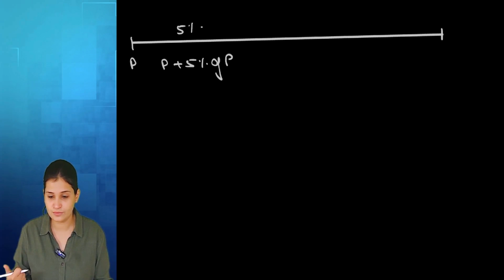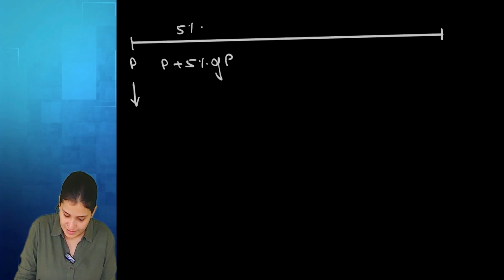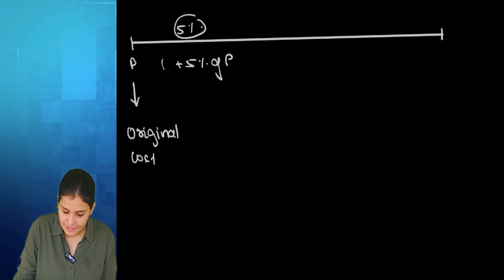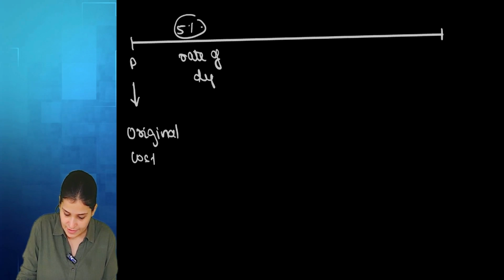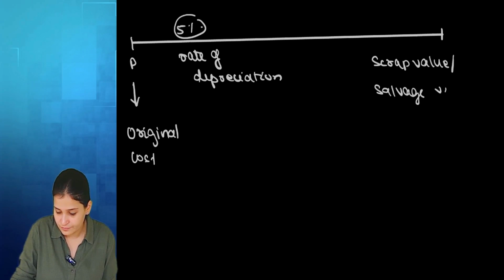Yes, ma'am. So if I am buying any machinery at the cost P, that is known as my original cost. If this 5% is the rate of depreciation, the value that can be written as scrap value or salvage value at the end of n years.